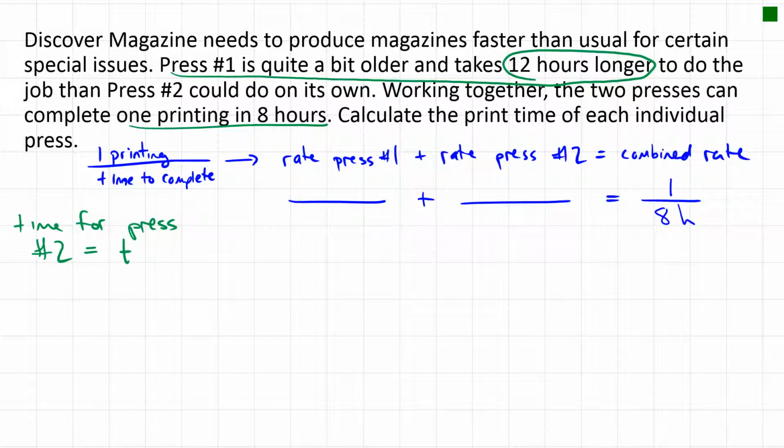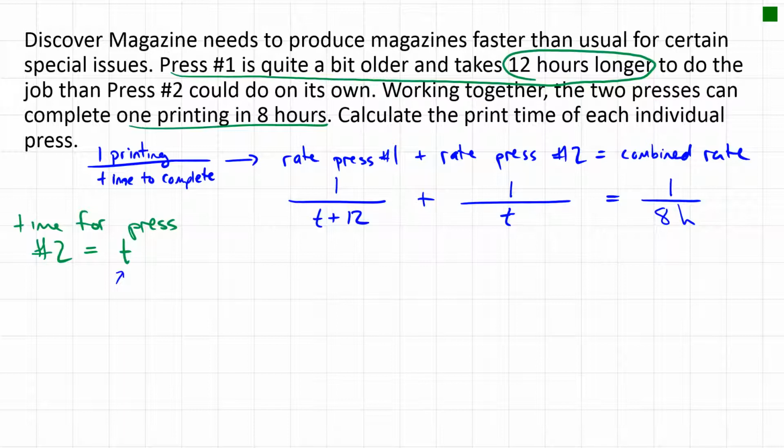And I do my t's with a little curl on them so that I can keep them separate from my plus signs. So the rate for press 2 is 1 per t, and the time for press 1 is t plus an additional 12 hours.